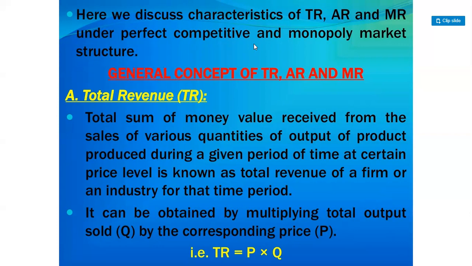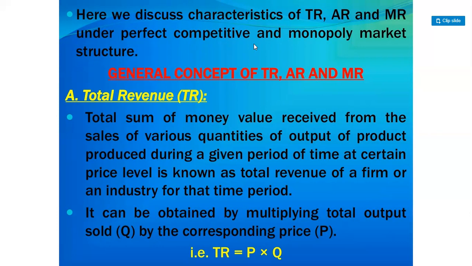It can be obtained by multiplying the total output sold by the corresponding price. So total revenue refers to the total receipts from the sales of a given quantity of a commodity.